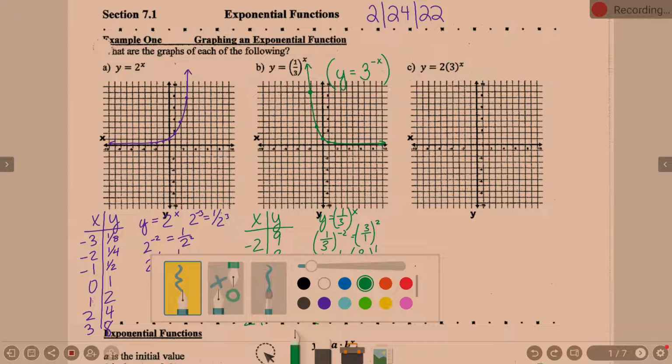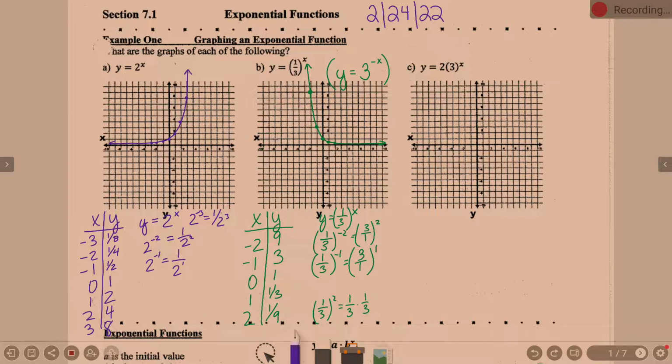Okay, C. What's different about C? There's a stretch. If we want to use those first semester words, there is a stretch. We're still going to think in terms of an XY chart.